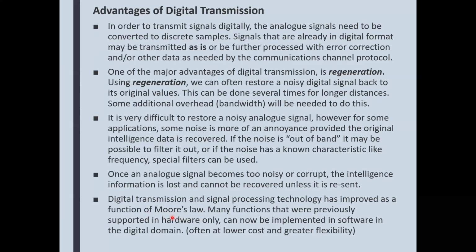So just Google that if you want. So digital transmission and signal processing technology has improved as a function of Moore's law, which means our technology improves at the rate that it improves on our planet. Many functions that were previously supported in hardware only can now be implemented in software in the digital domain, often at a lower cost.